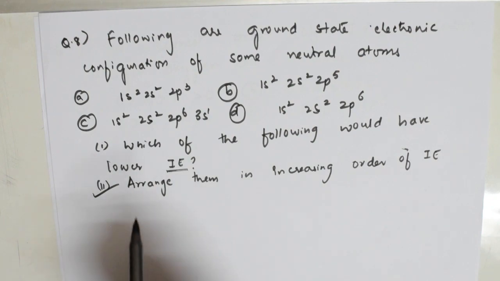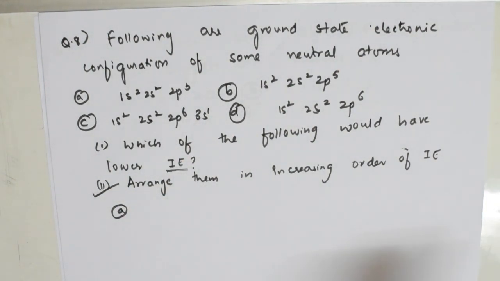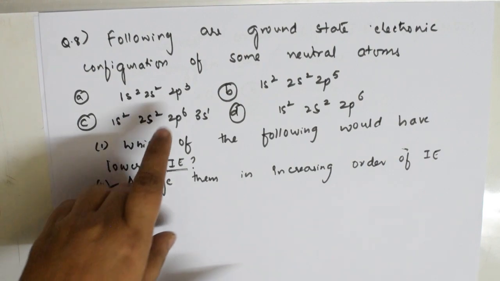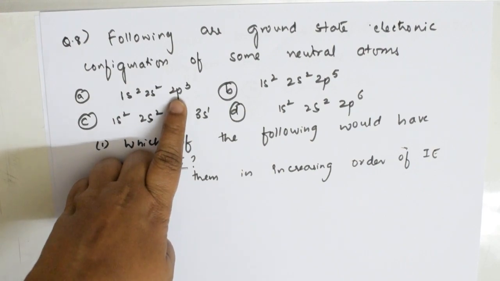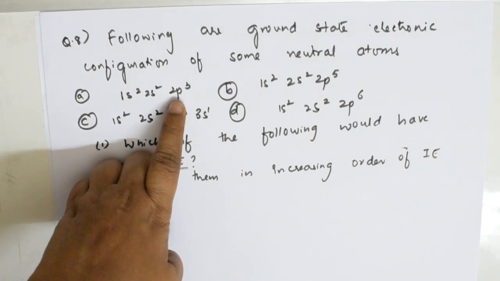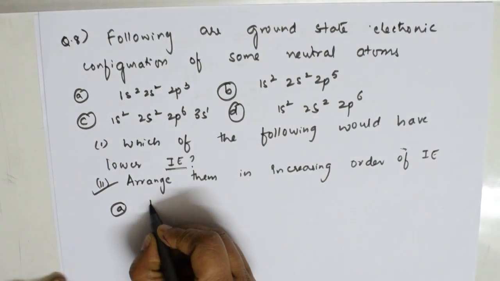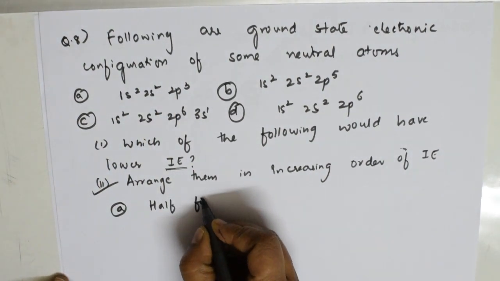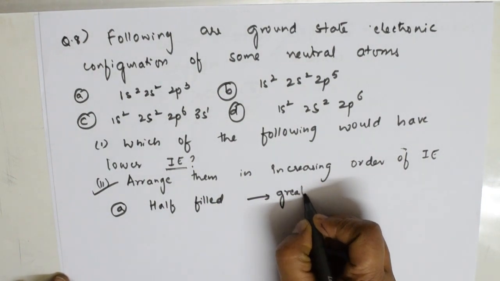Now see here, first option let us take. I don't know the neutral atom, so let me check the valence shell. 3 electrons are there in the 2p subshell, correct? So here it is half filled. If it is half filled, it is more stable, so greater stability will be there in the first option.